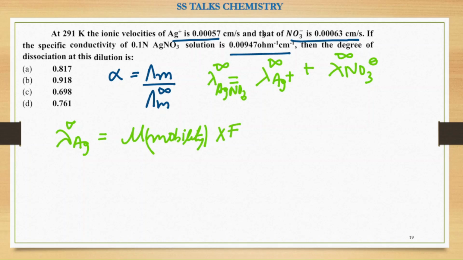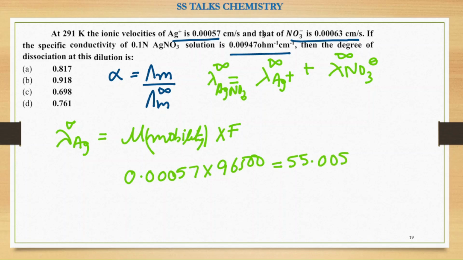Where you have been given the value of the ionic velocity for the Ag positive, 0.00057.